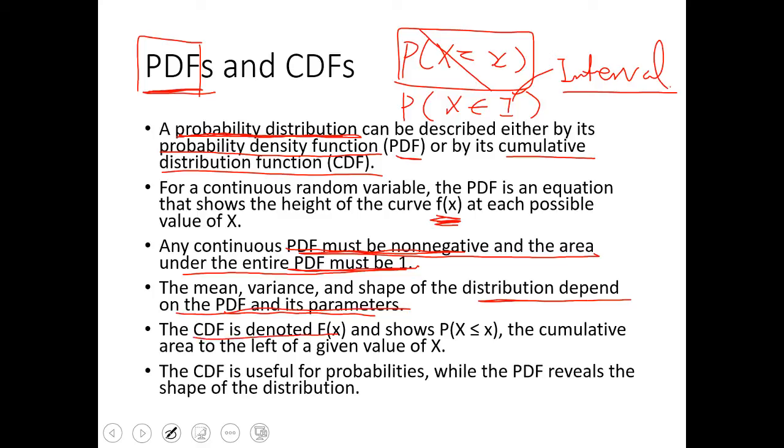The cumulative distribution function is nothing but the probability that x is less than or equal to small x. The cumulative distribution function is also a very important issue. If we know the probability density function, then the cumulative distribution function can be obtained by this equation.